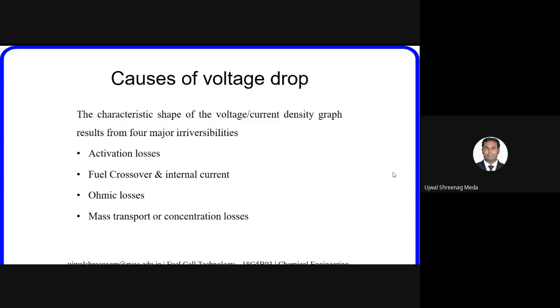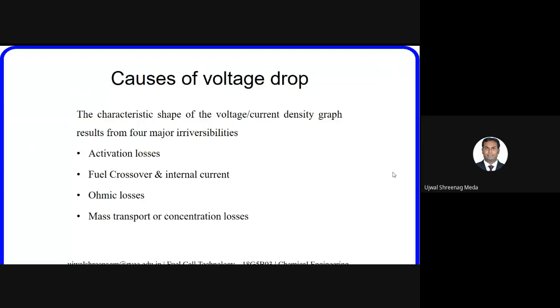What are the causes for this drop in voltage? We also discussed the typical IV curve, which is a characteristic feature of a fuel cell. In an operating fuel cell, either the voltage is controlled and the corresponding current is measured, or the current is controlled and the corresponding voltage is measured.